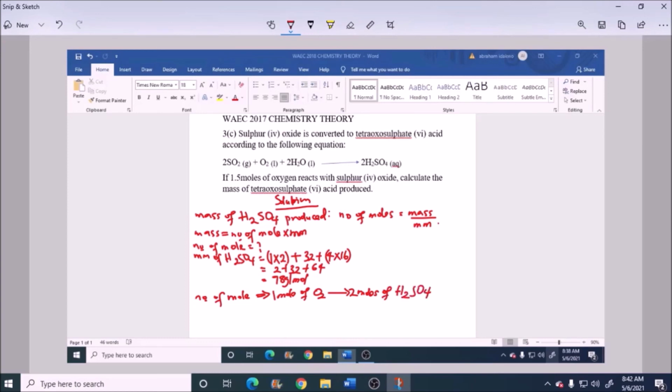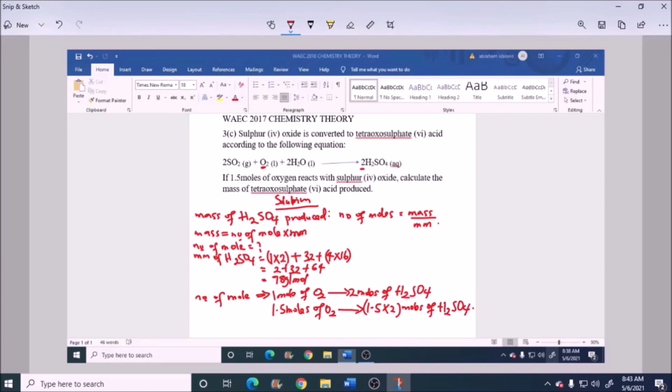So 1.5 moles of oxygen gas gives 1.5 multiplied by 2 moles of H2SO4.